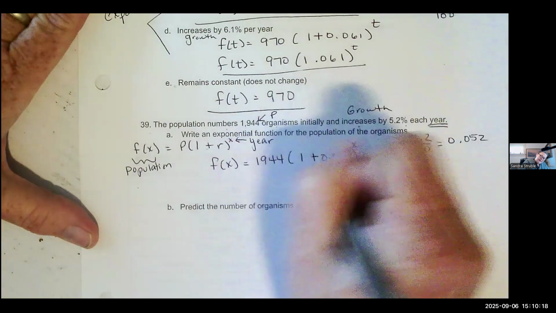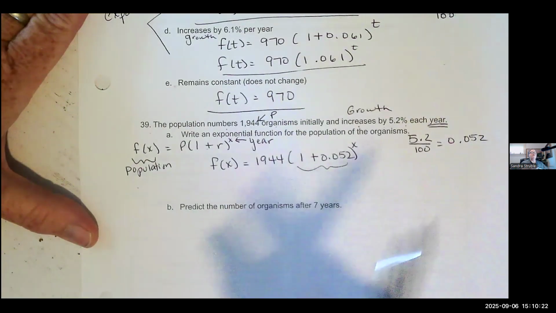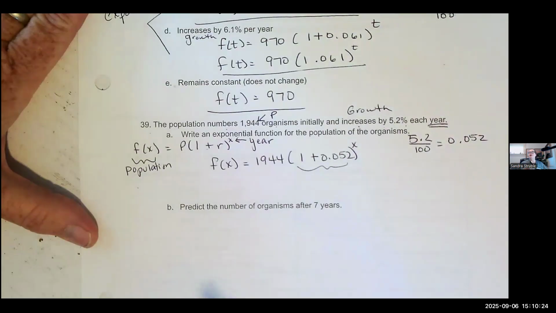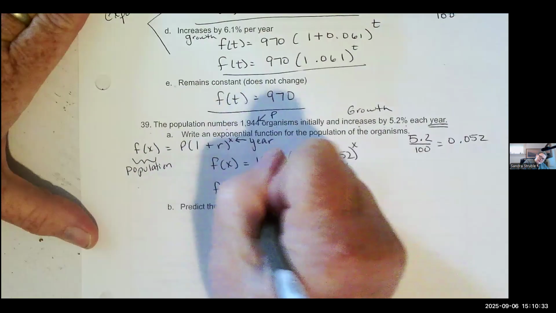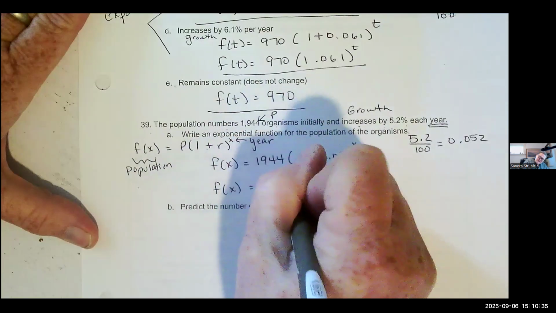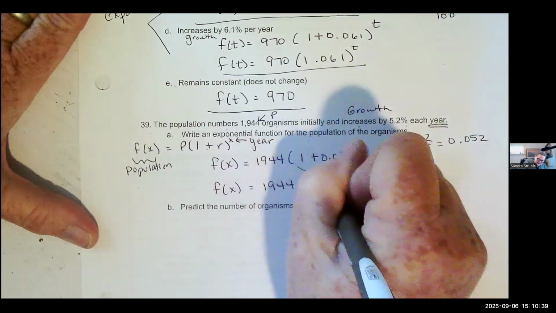Now, lastly, I just need to simplify this. Please do not leave this like this. If you can math something and you're not mathing it for your exam, one, it makes the hair on my head stand up a little bit. And two, it's going to take a point off because it just annoys me. Get those two numbers, you crazy kids. All right.